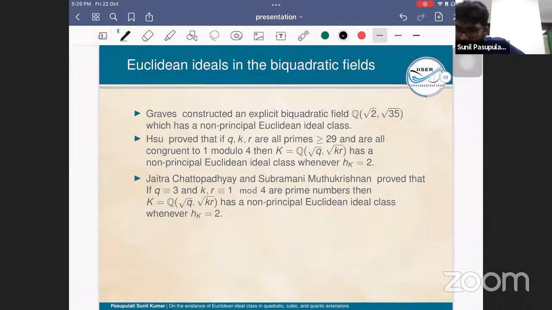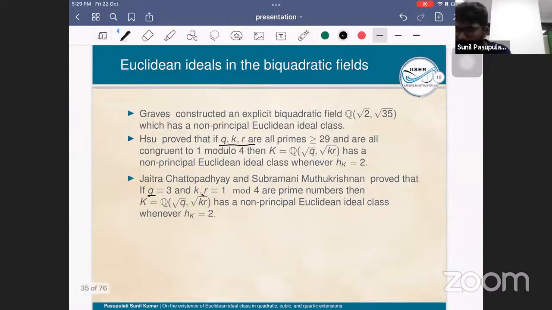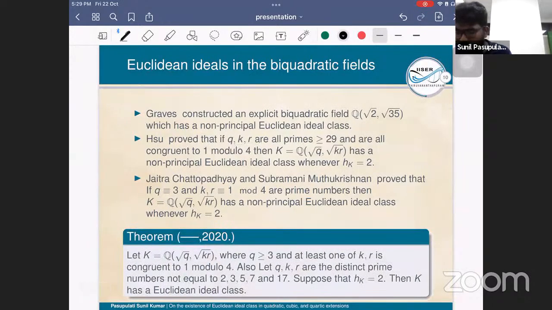Hsu assumed that all of q, k, r are congruent to 1 mod 4, but Jaitra and Subramani wanted only k and r to be congruent to 1 mod 4, and q can be congruent to 3 mod 4 as well. And I recently proved that even one of k or r can be congruent to 3 mod 4.